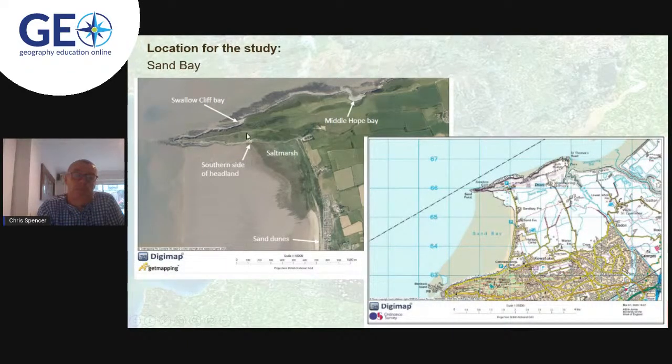Towards the north of that bay, we have this headland that protrudes out into the Severn Estuary. We're going to be looking at the landforms either side of this headland. So it's quite a small area, maybe 2 or 3 kilometers square.